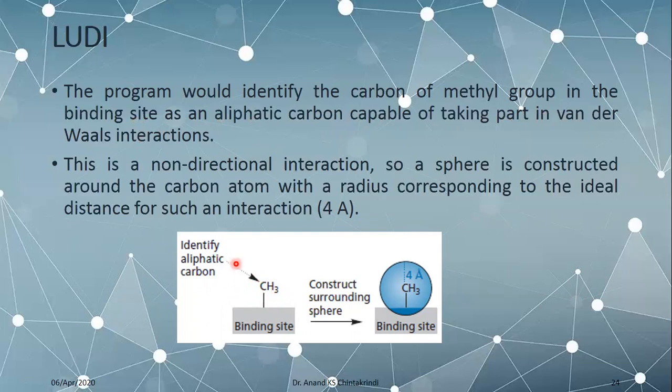Now in the second step, since van der Waals interactions are non-directional, whereas hydrogen bonding interactions are directional, a sphere is constructed around the carbon with a radius of 4 angstrom. Why 4 angstrom? Because this is the ideal distance for such van der Waals interactions.